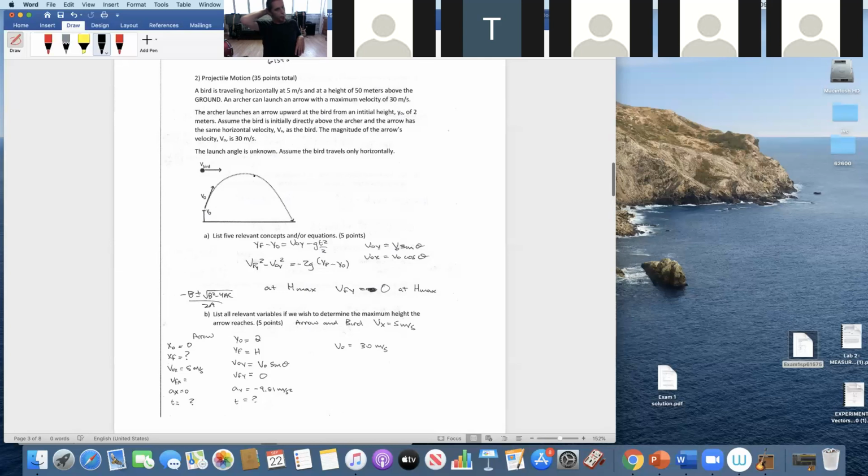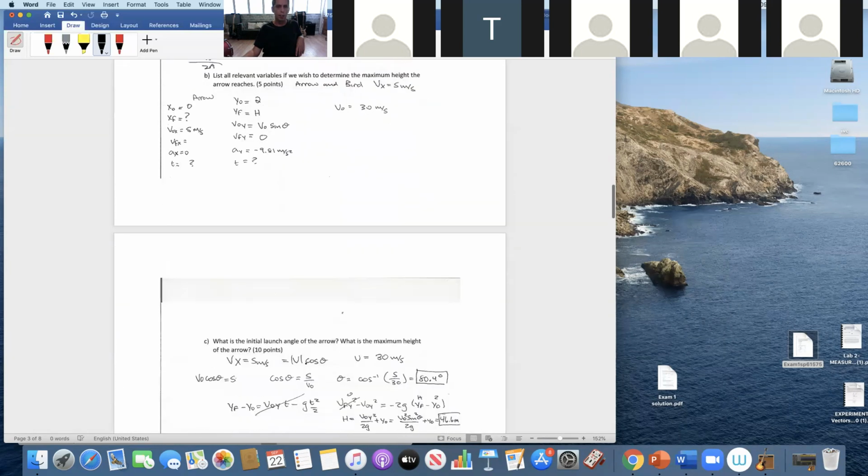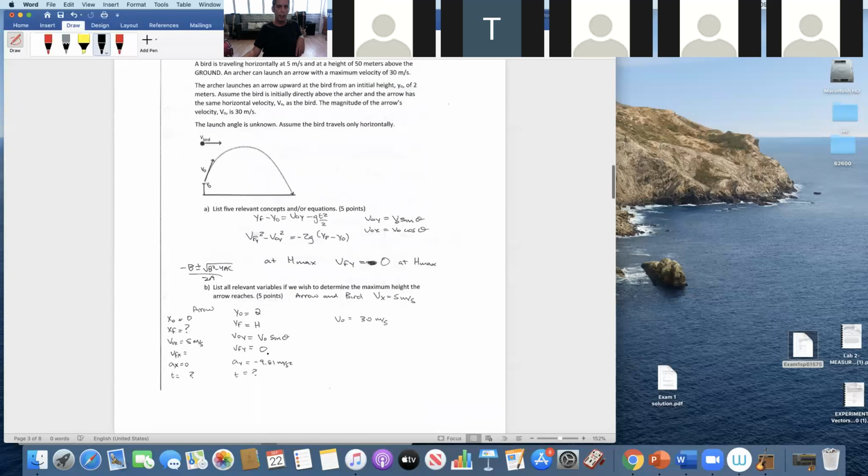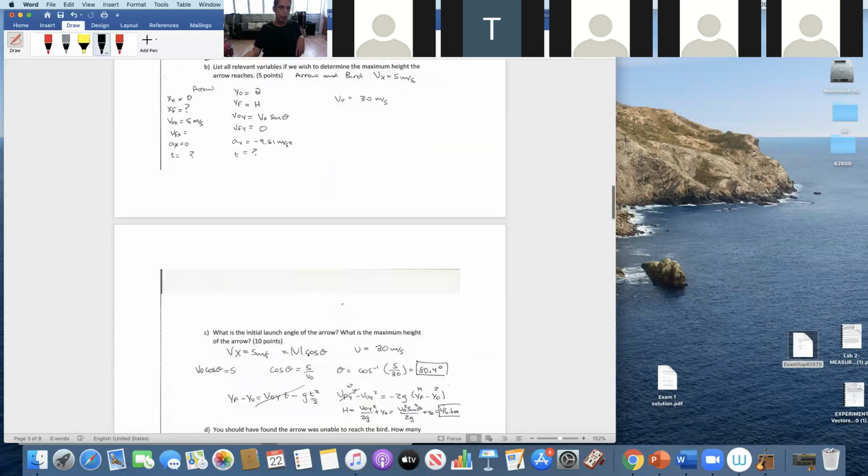And then V final of X is still 5 meters per second. A of X is 0. Time, we don't know. V initial of Y is V naught sine theta, and we don't know theta. No, the launch angle is initially unknown. We're going to find that first. We do know the magnitude V naught is 30 meters per second.